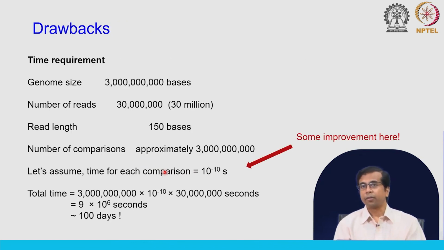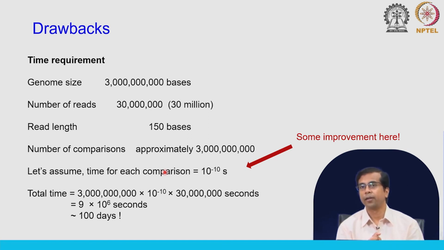Now, the drawbacks. As I said, there might be some improvement in this mismatch step. Going back to the same example, we are looking at the same data. We have 3 billion bases in the reference sequence, 30 million reads, and a similar number of comparisons, but let us assume that the time for each comparison is now 10 to the minus 10 seconds.